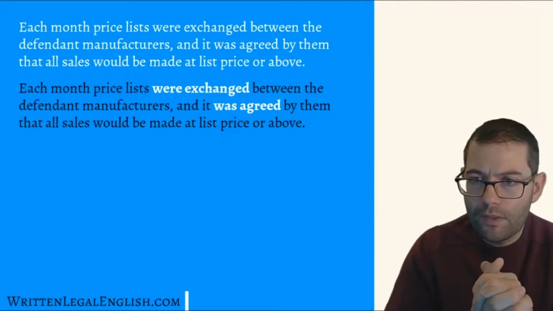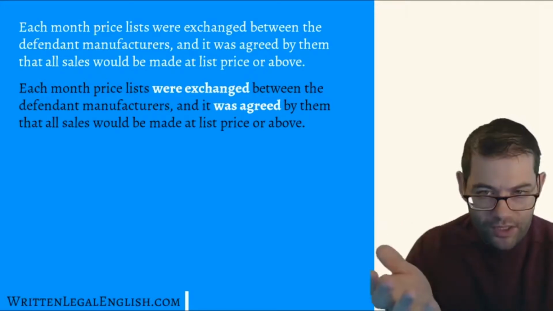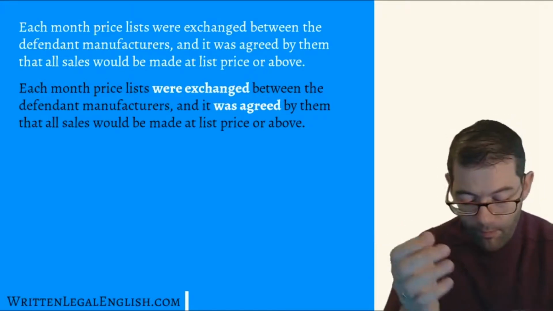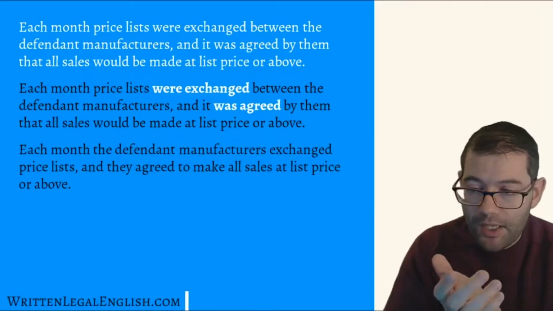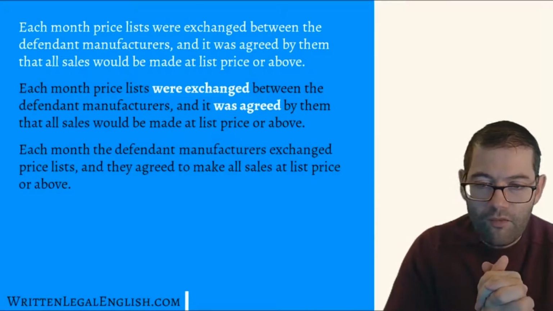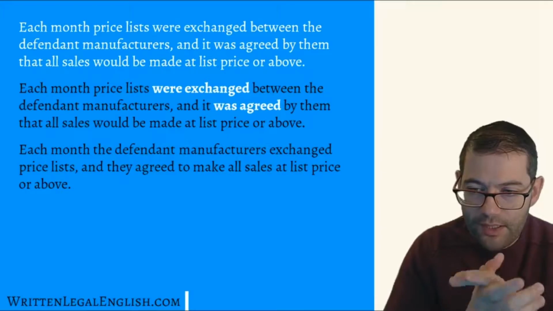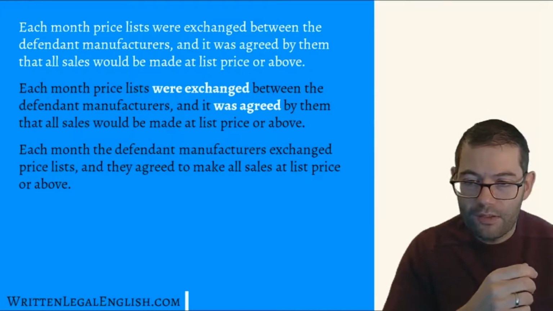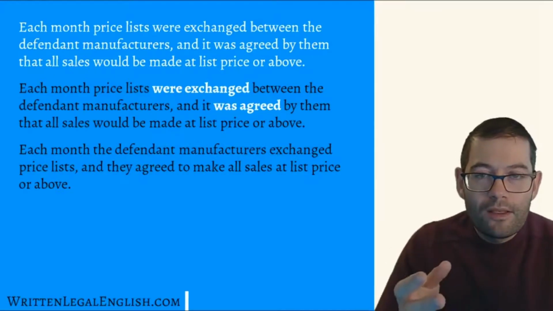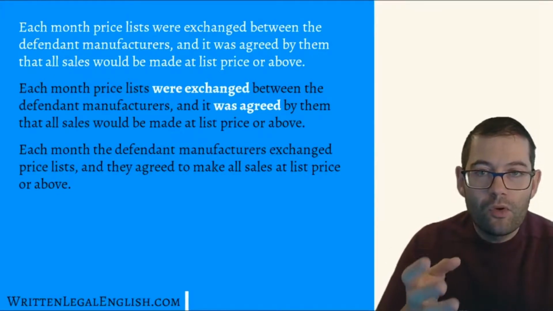So getting back to that, if we wanted to change this, how could we change it? Well, we could change it in pretty much the same way that I explained. "Each month, the defendant manufacturers exchanged price lists, and they agreed to make all sales at list price or above." And this sentence tells us a lot more straight away.